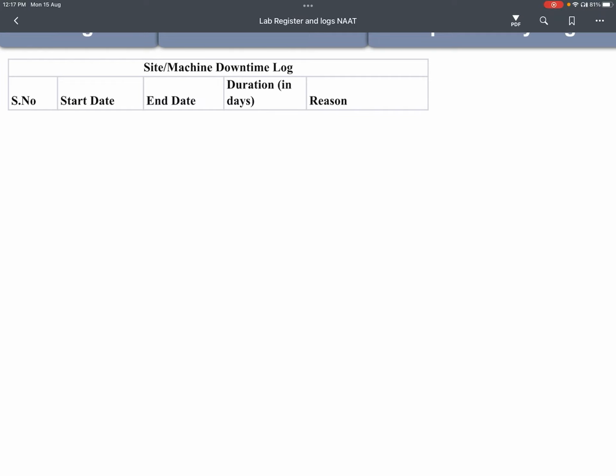Or say another event is there starting from February 10 to February 25, so 15 days. Reason: consumable shortage, consumable was not there, or there was an error in the cartridge extraction machine. So basically, all the events related to the machine have to be noted down. If it is not working, we should know the number of days it was not working and the reason, so that we can prevent certain things which can be prevented and have optimum utilization of these machines.